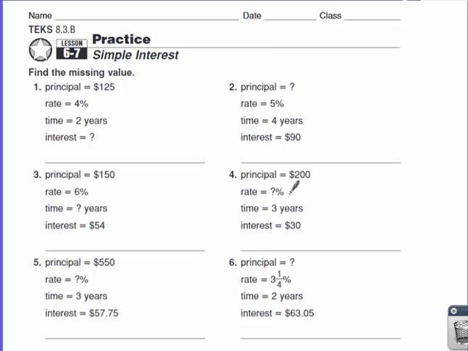Number 5, again, the interest rate is missing, so write your answer as a percent. On number 6, the principal is missing, but you'll notice the rate is 3.25%. Remember, we move the decimal over, and we end up with our decimal, 0.0325.